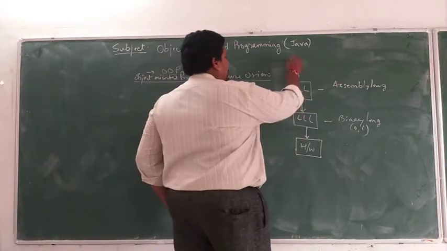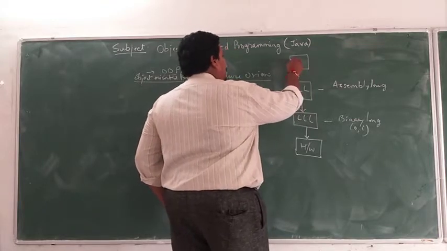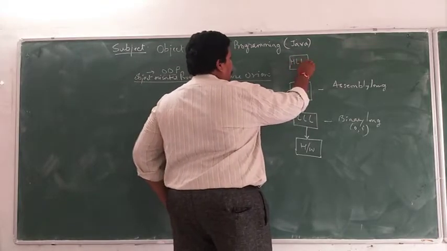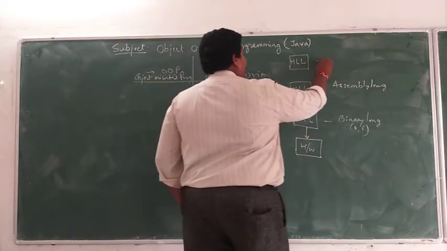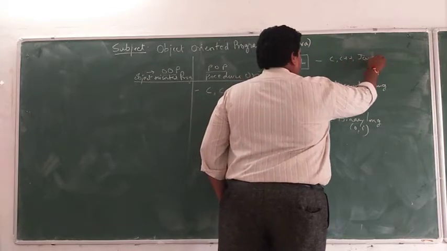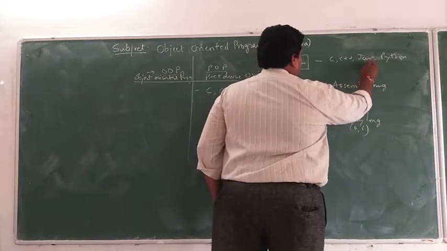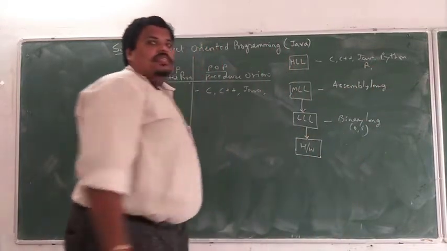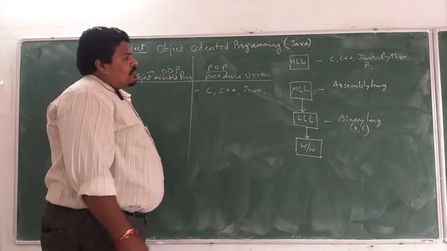Again, in recent times, the programming languages evolved and are now called higher level languages. These higher level languages are C, CPP, Java, Python, or whatever new languages we know, R for example. So these are all known as high level languages.